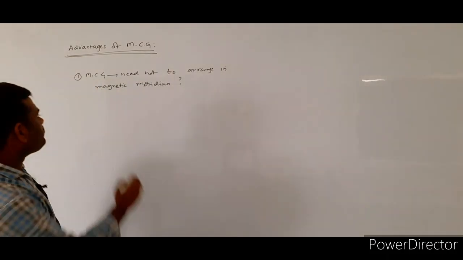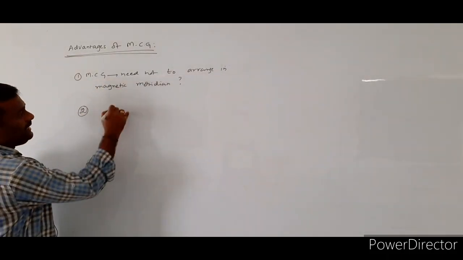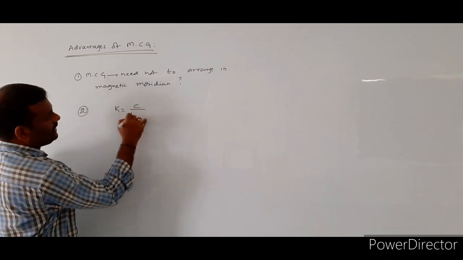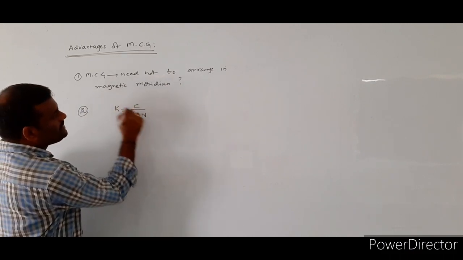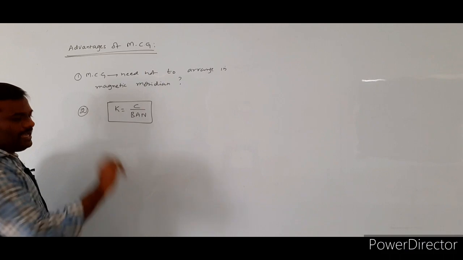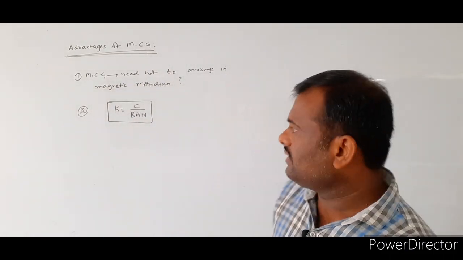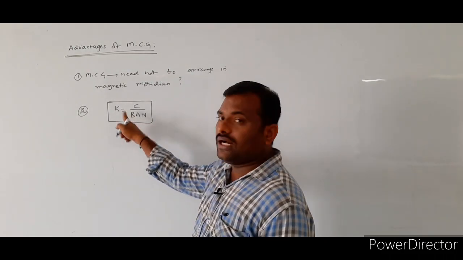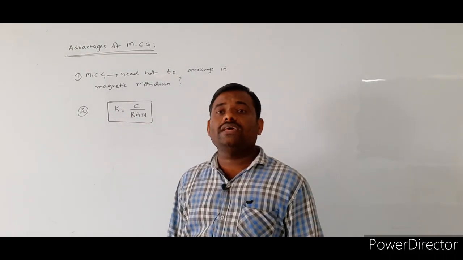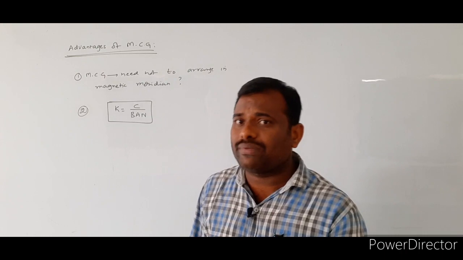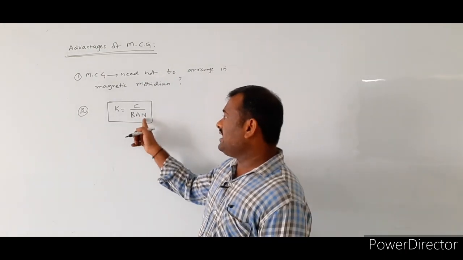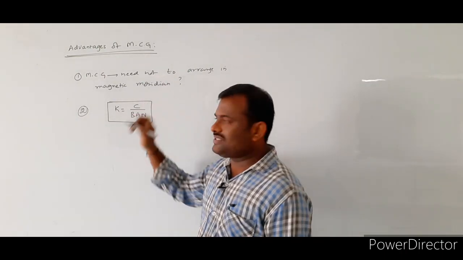Second, we define the galvanometer constant. What is the galvanometer constant? C by BAN. In this equation K is equal to C by BAN, where B is the magnetic field intensity produced by the permanent magnet, A is the area, N is the number of turns, and C is the twist constant.